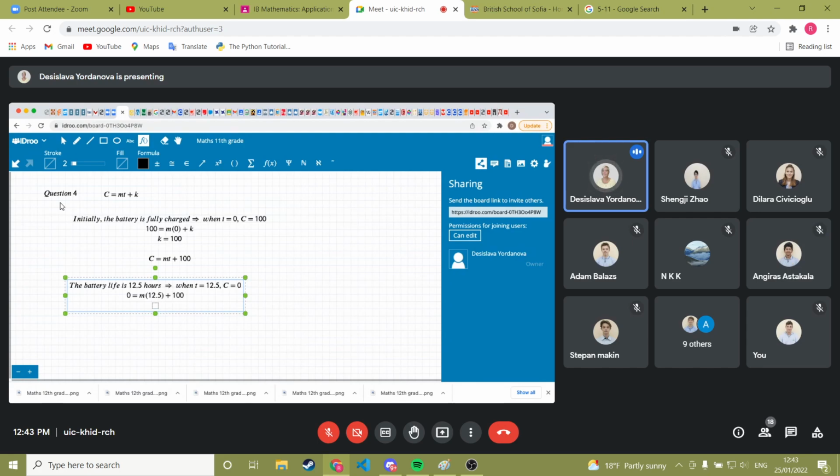So 12.5 m should equal negative 100, and m will be equal to negative 100 over 12.5, which is negative 8. Which means that the equation finally is c equals negative 8t plus 100.